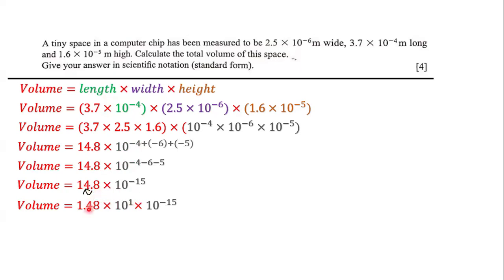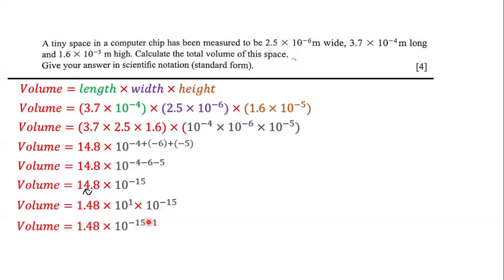And so we have 1.48 times 10 to the power of 1 times 10 to the power of negative 15. These two terms have the same base, and we are multiplying them. So whenever you have two terms that have the same base and you're multiplying them, you add the powers.